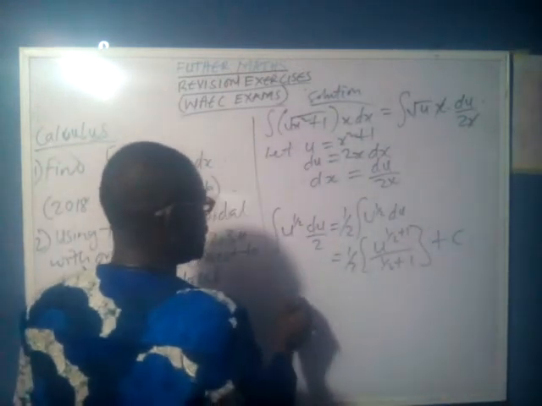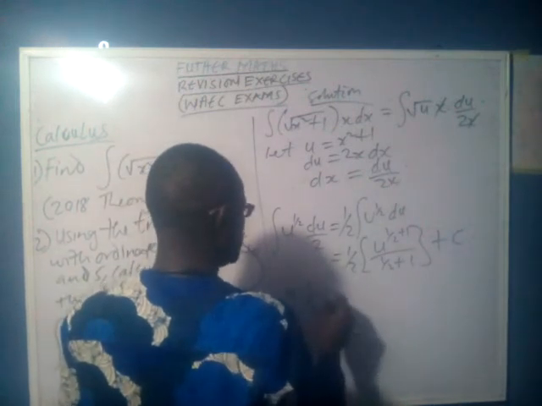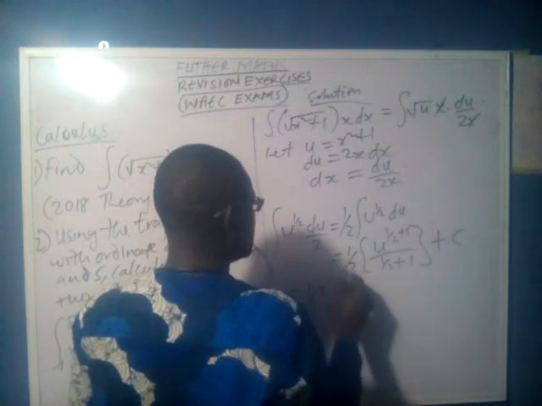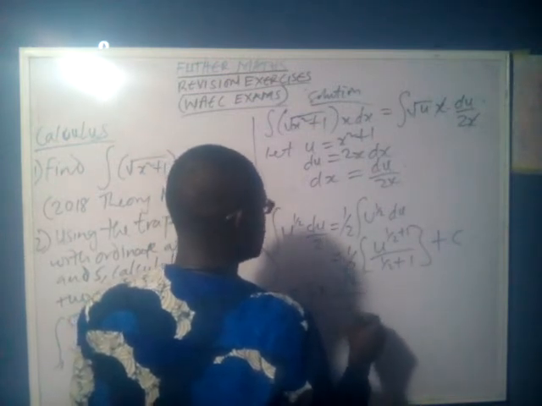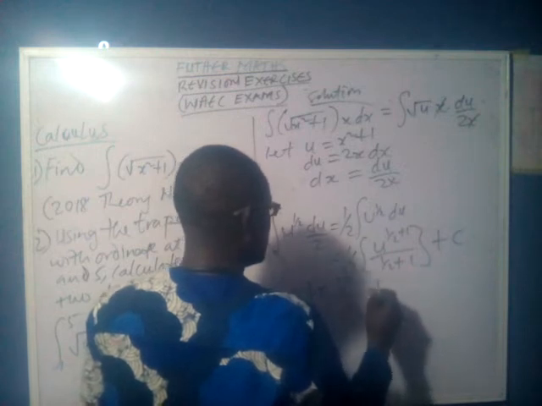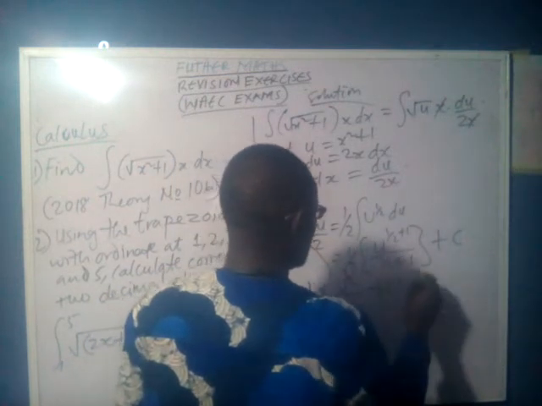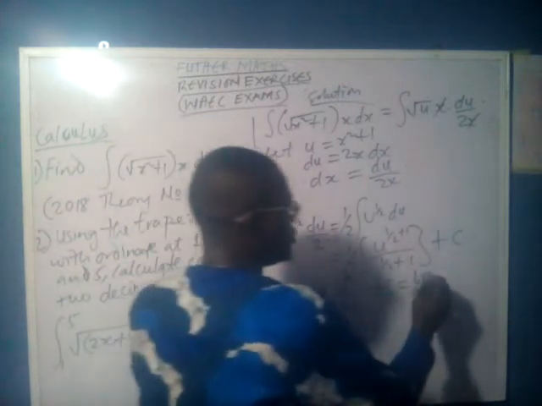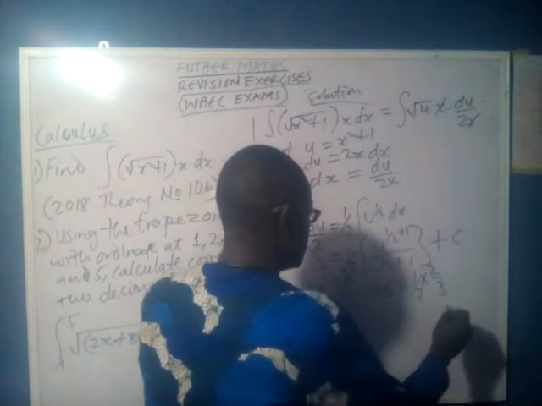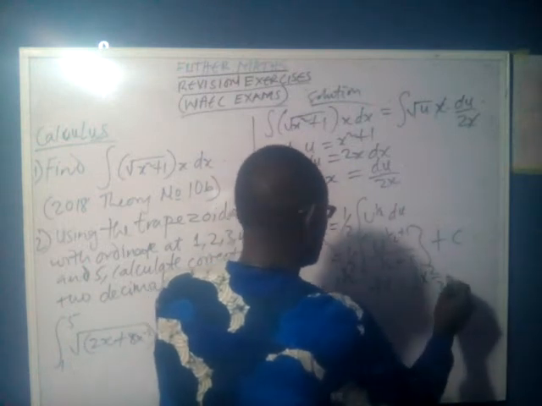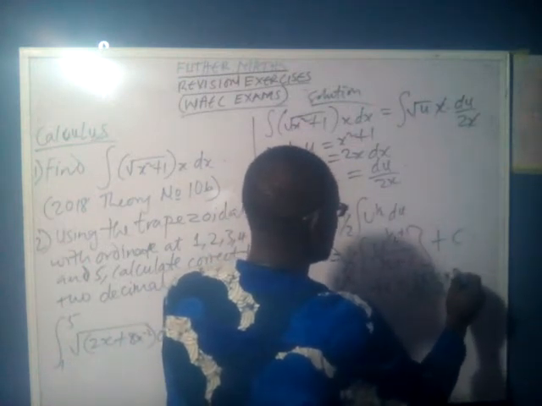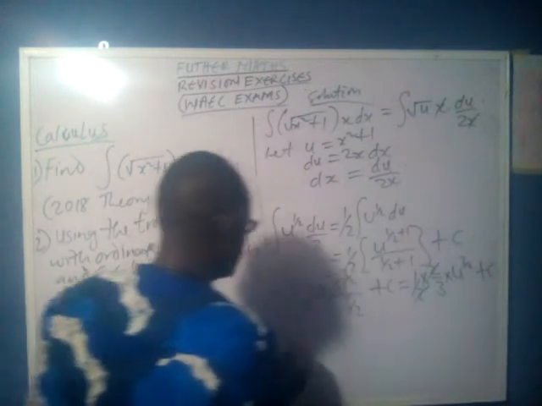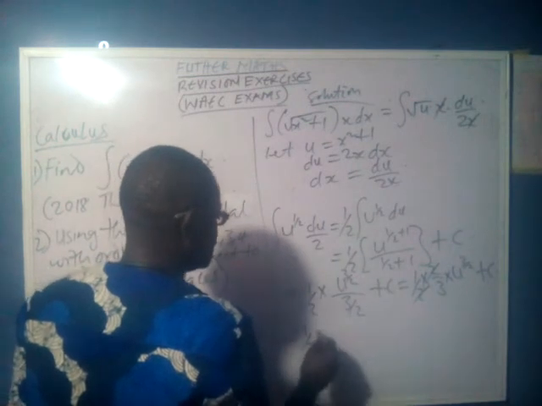So from there we can have 1 over 2 times u raised to power 3 over 2 over 3 over 2, plus c, which is the same thing as 1 over 2 times 2 over 3 times u raised to power 3 over 2 plus c. So this cancels out, we have 1 over 3.